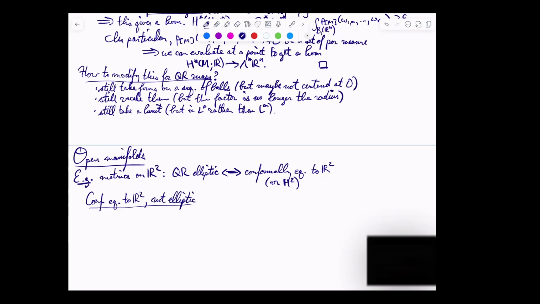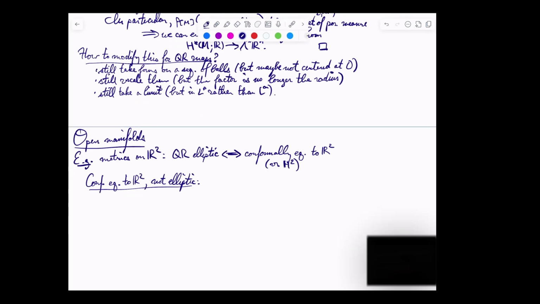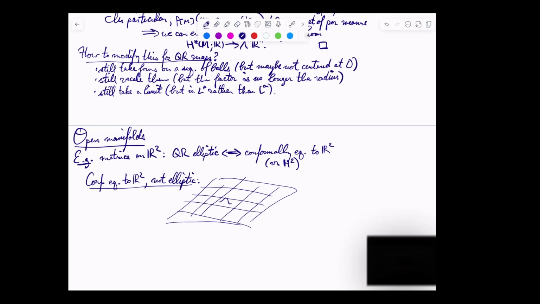This example is somewhat complicated. Basically, what you do is you take R^2 and make a grid on it, and in every grid square you make a spike, and these spikes should be height about log of the radius, the distance from the origin.